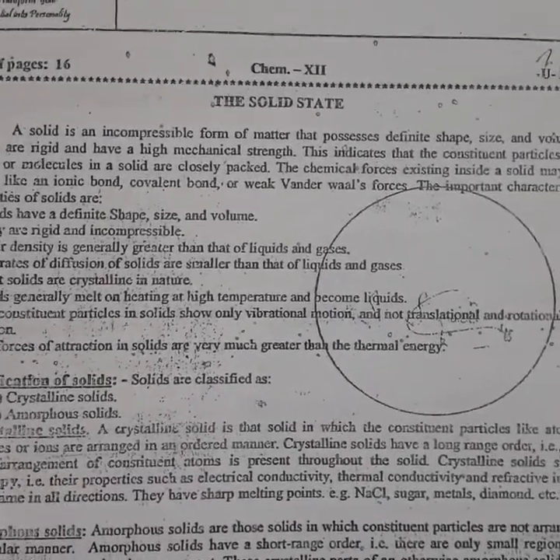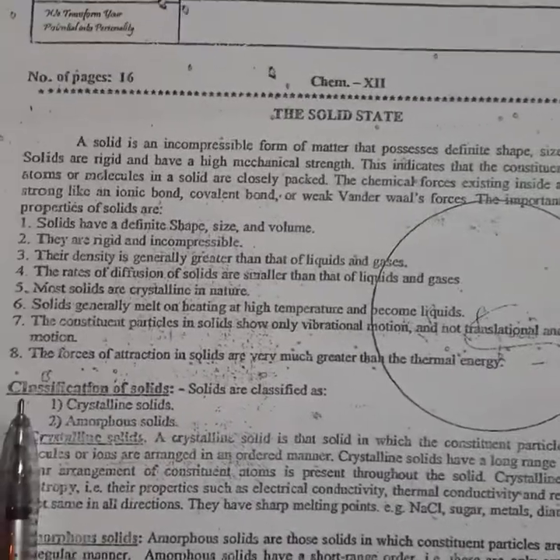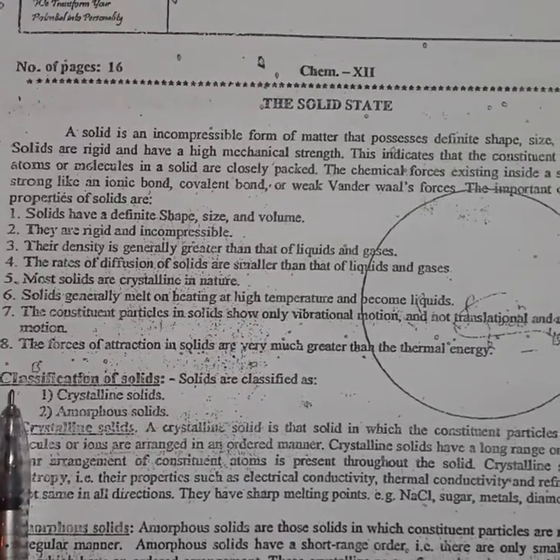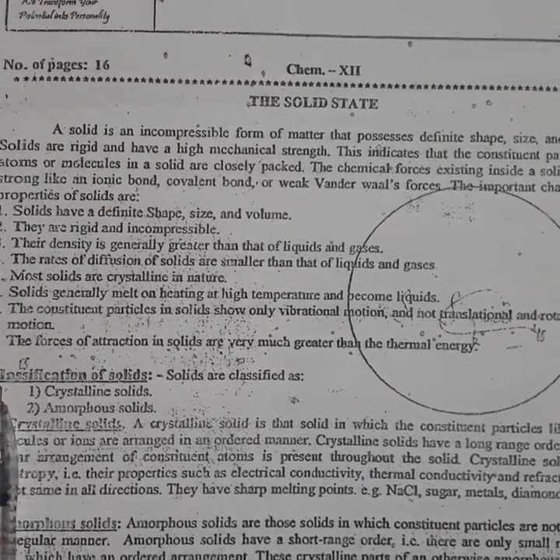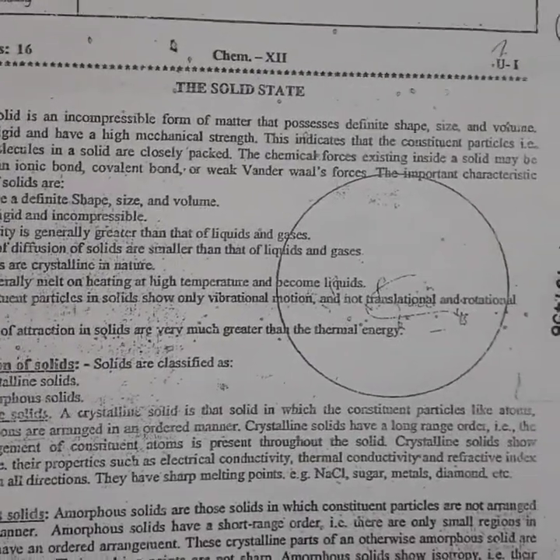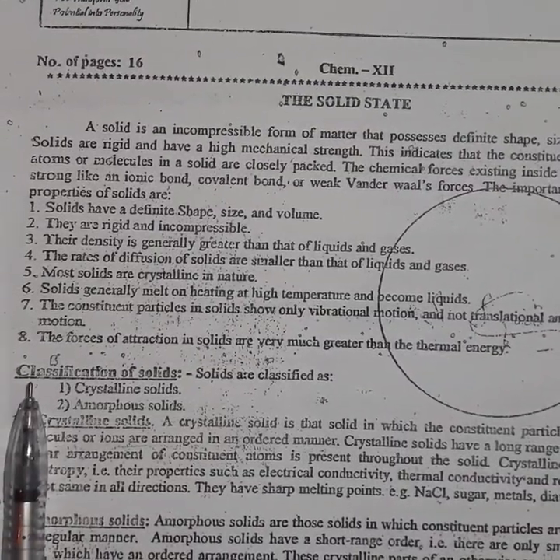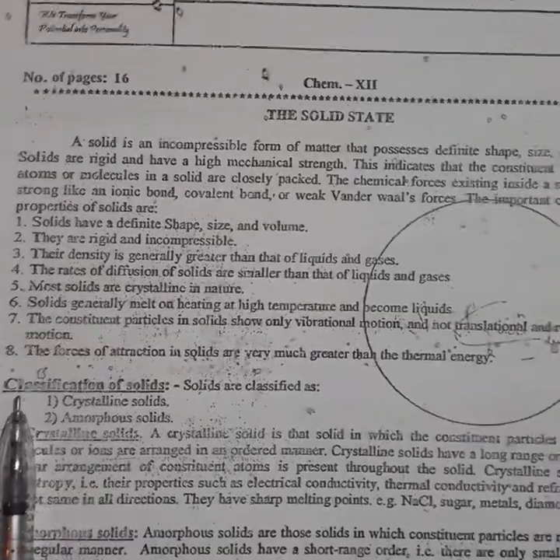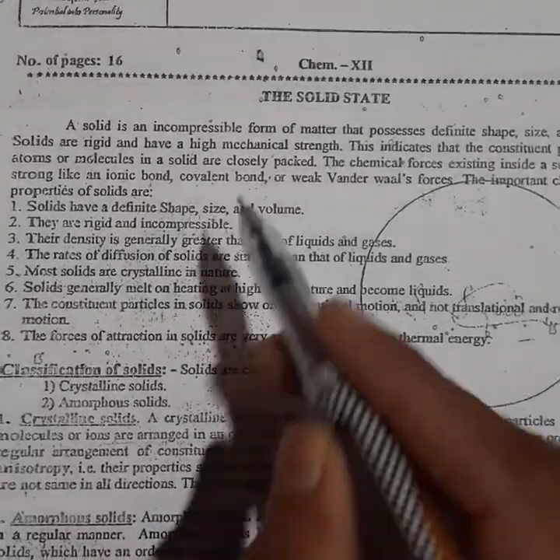The chemical forces existing inside a solid may be strong, like an ionic bond or covalent bond, or weak, like van der Waals forces. The important characteristic properties of solids are: solids have a definite shape, size, and volume.